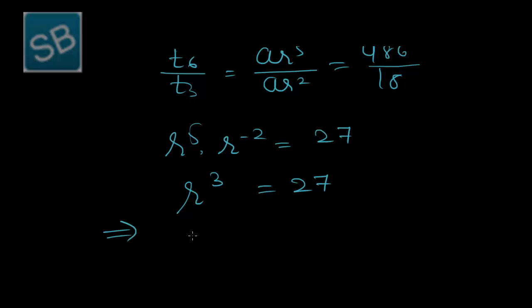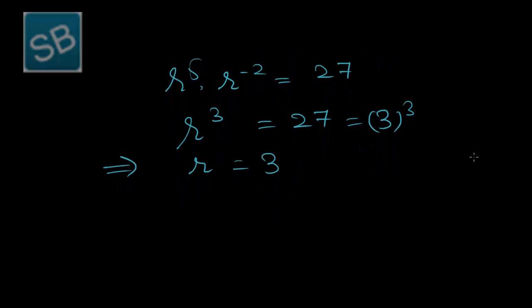The cube root of 27, its one real root is 3, because 3 cubed is 27. So its one root is 3, and the other roots may be complex or irrational.